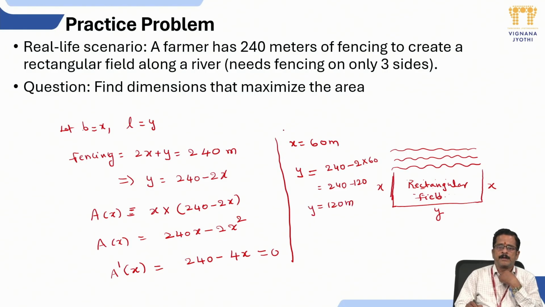So with 240 meters of fencing, he has to maintain dimensions of 60 meters breadth and 120 meters length. Then it attains the maximum area. Likewise, to define the dimensions of a rectangular field covering the maximum area, we apply the concept of derivatives.